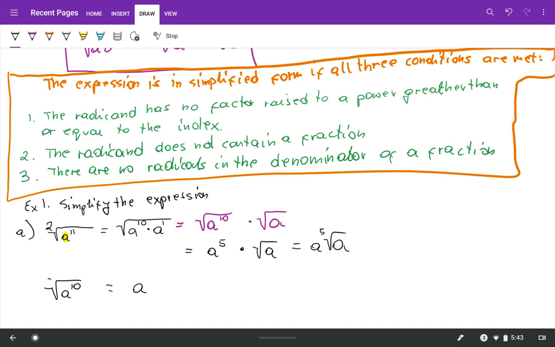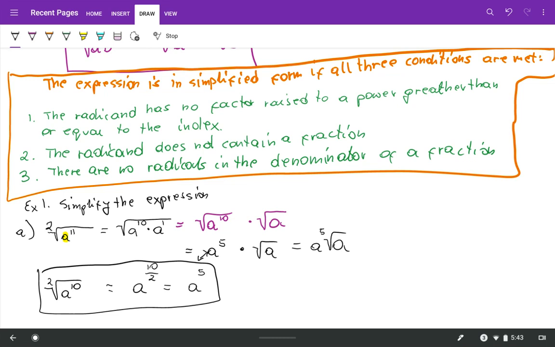You can rewrite that as a to the power of 10 over 2. Again, I'm using section 18.2, changing the radical into an exponential expression, and that will give you a to the fifth power. Okay, so this one I just showed the work of how I end up with a to the fifth power.